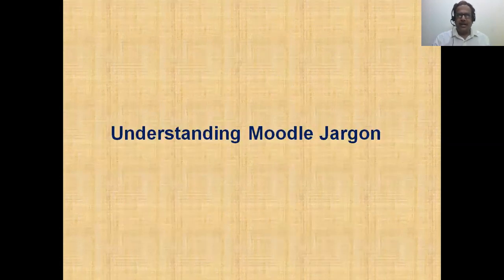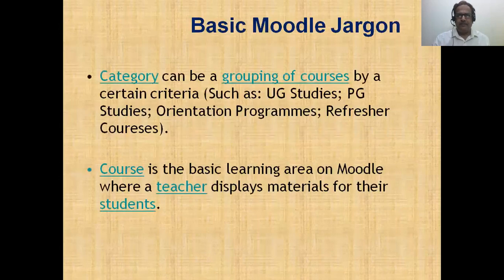Let's understand the jargon, which is a very important component of this learning management system. The first important component is the category, and a category could be a grouping of courses by certain criteria. For example, you have undergraduate studies, postgraduate studies, orientation programs, refresher courses like this.